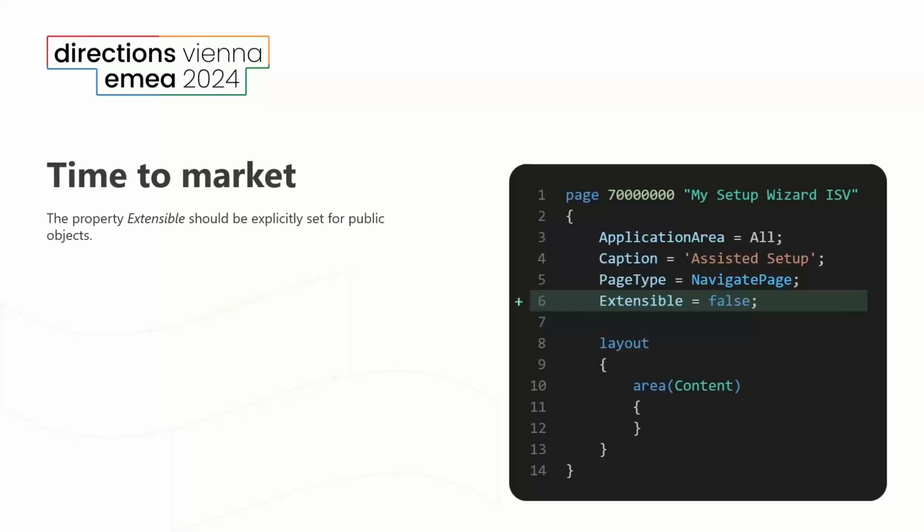So basically, with those properties set to false or internal for extensible, if you set them to internal, it basically allows you to do breaking changes. That way you can push those objects to app source, but still change them and release quicker, and then decide on the interface, or create dedicated interface objects if we're talking code units or something.